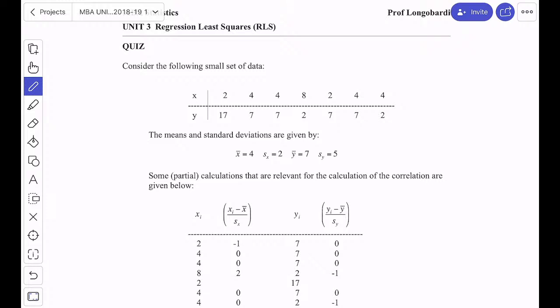So we have the answers, but let's do this manually, because you might see some questions with the manual calculations. You need to be able to answer those as well.